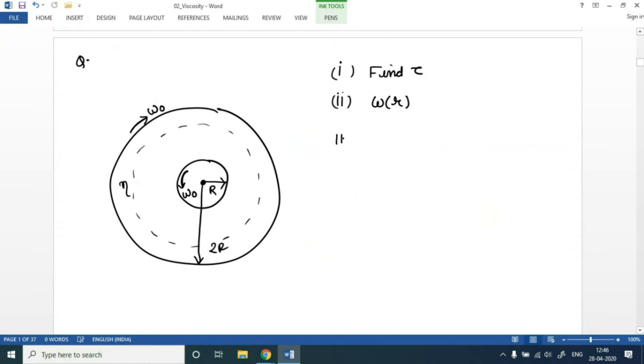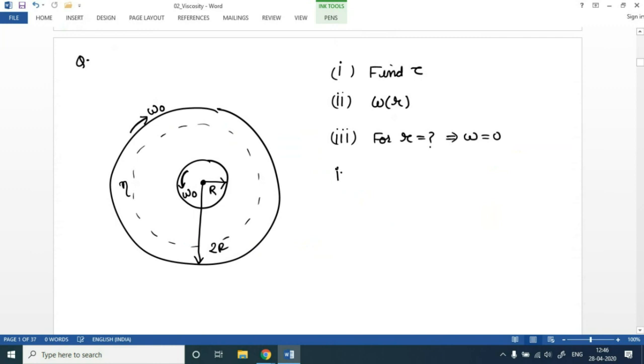Thirdly, once we have omega as a function of r, we are interested in for what value of r omega will be equal to 0, that is, a layer of liquid which will not be rotating at all.